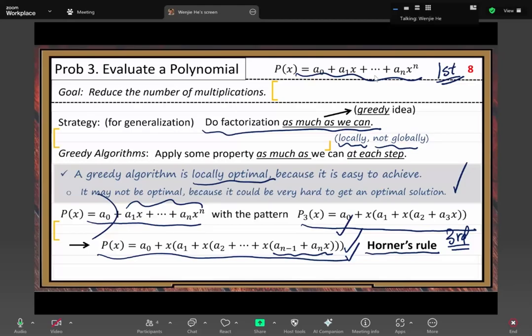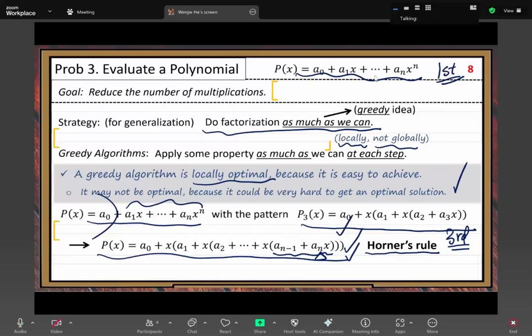This is a general polynomial, degree n. n is not fixed, so your answer should be in terms of n. Is it just n? Yes, correct, just n. Can you explain a little bit why it's n?